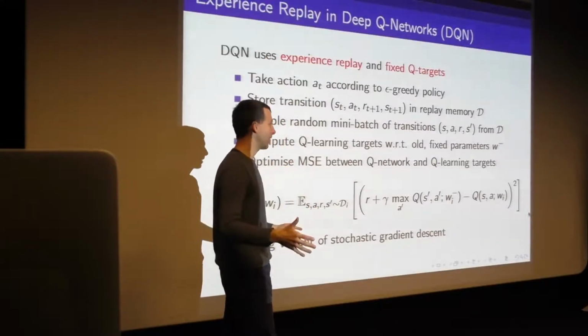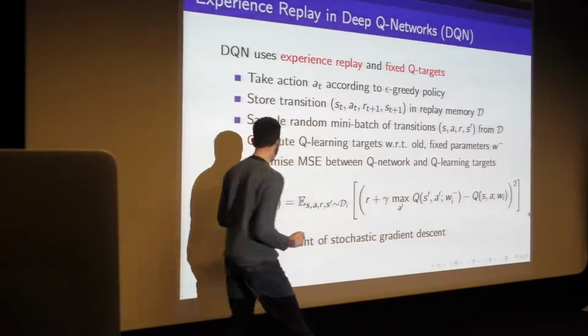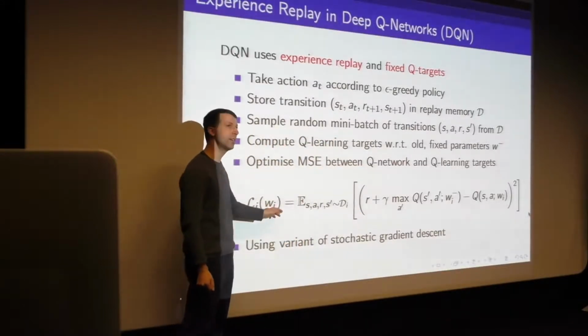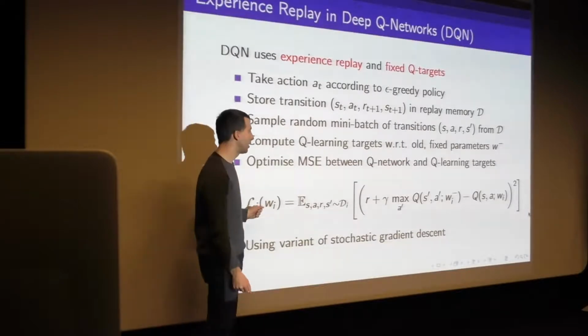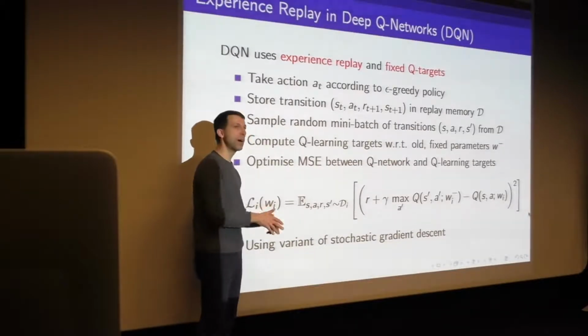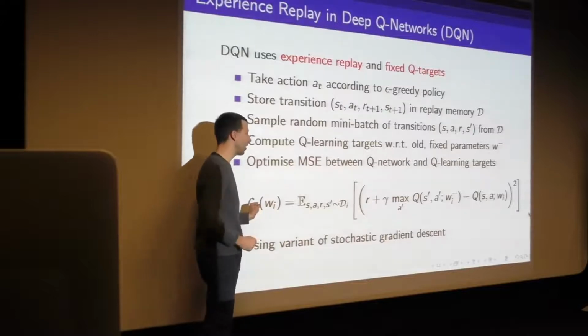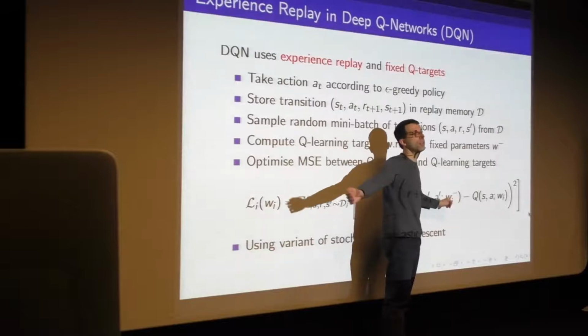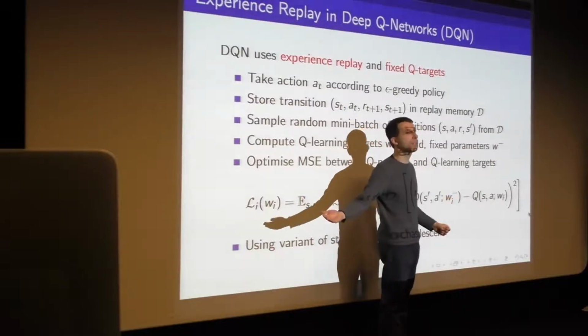So we have two parameter vectors. We have any iteration i. What this is saying is we're going to optimize the loss function for that iteration. We're going to update our latest parameters, w_i. What we're going to do is remember some old parameters. So we're going to use some old parameters from, say, 1,000 steps ago.